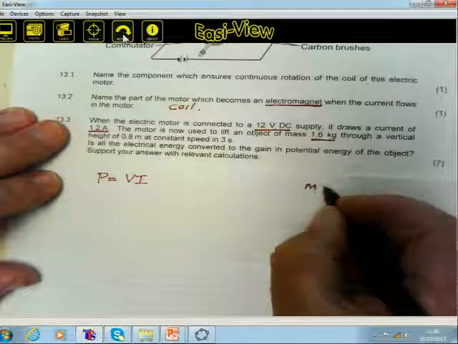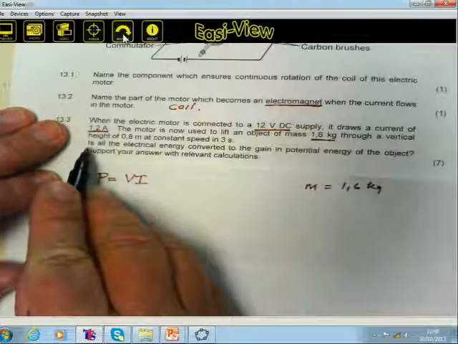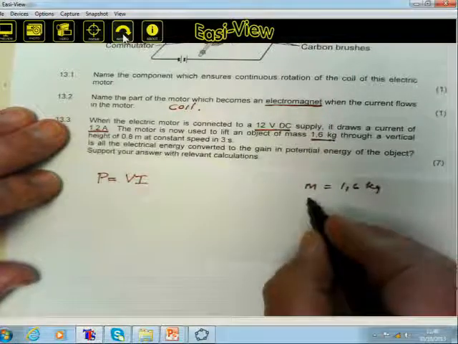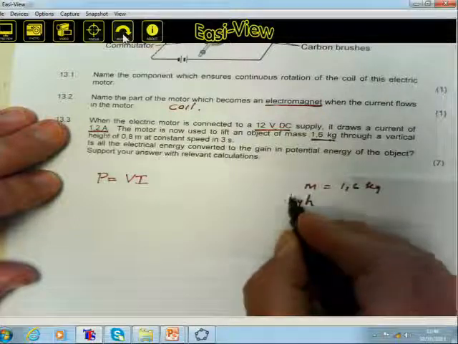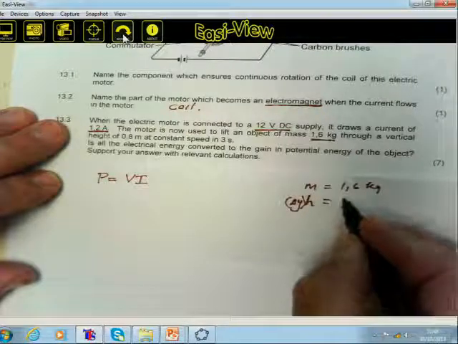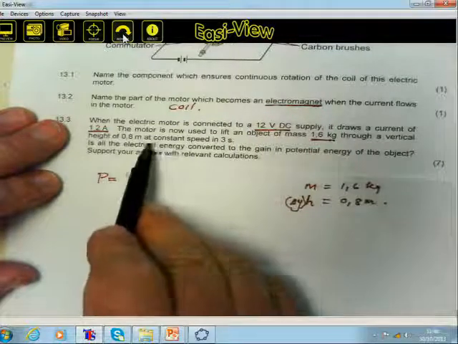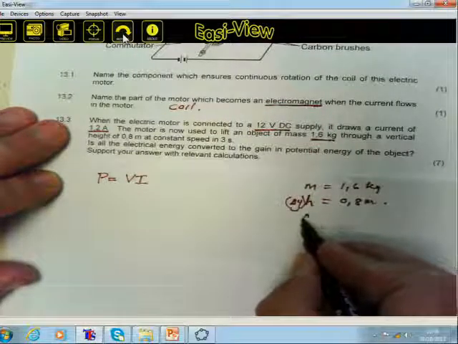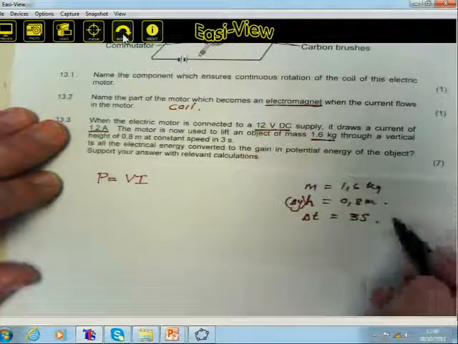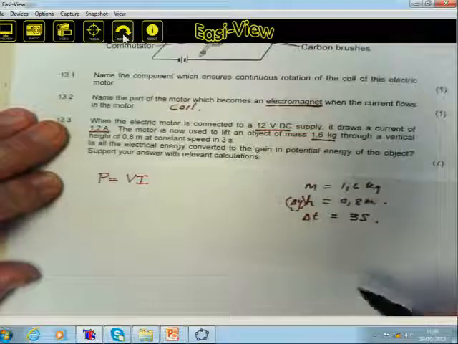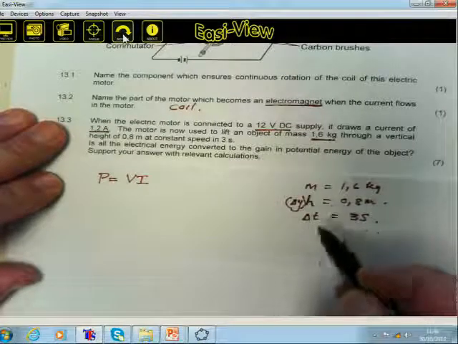So if you have a mass of 1,6 kilogram through a vertical height of 0,8, you have a height, or you can say delta y as 0,8 meters, and the time given to you is 3 seconds. Right. What can you do with this data given to you?